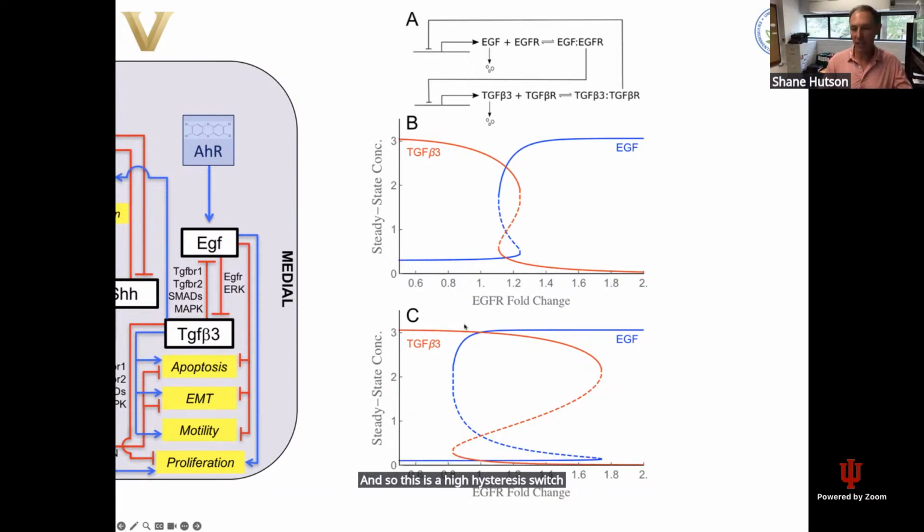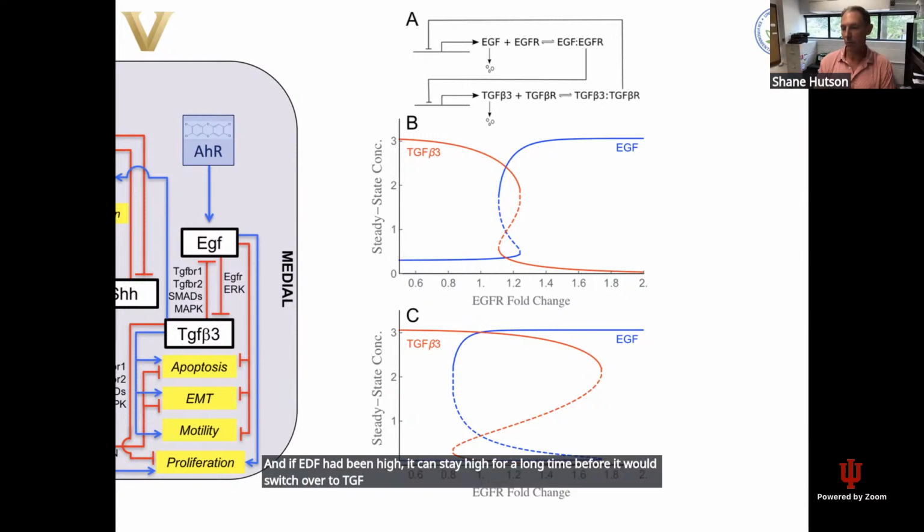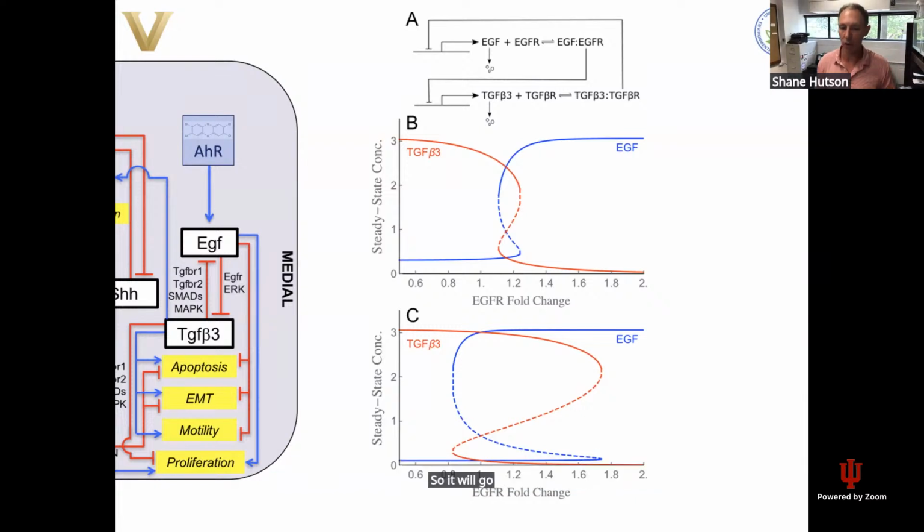It means if TGF-beta 3 was already high, it can stay high for a long time before it eventually switches over to EGF being high. And if EGF had been high, it can stay high for a long time before it would switch over to TGF, right? It's resistant to making the switch, so it will go past the threshold at which it normally would happen. Okay. So we'll look at what both of those would do to the model under different circumstances.